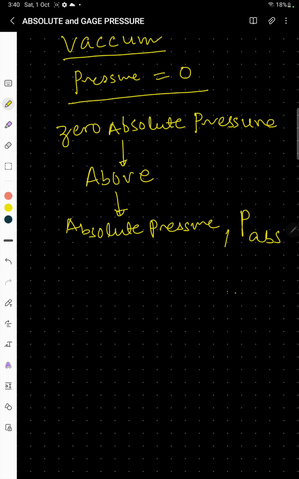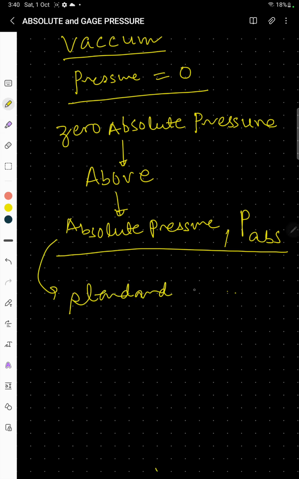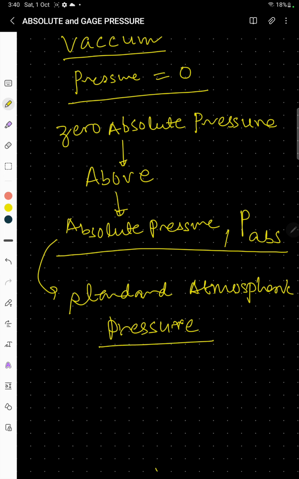Now, in our study, whatever study we will be doing, this reference is the standard atmospheric pressure. So we can write that your P absolute is measured above P atmospheric.